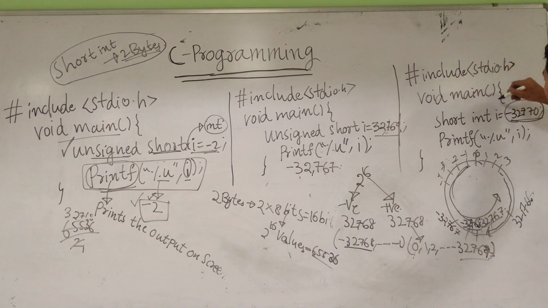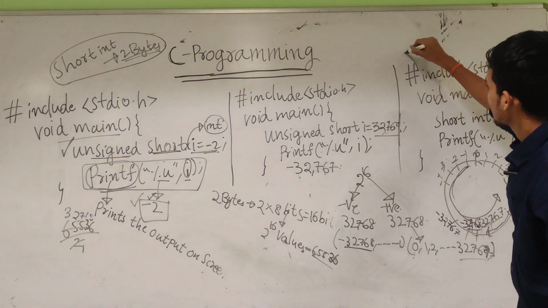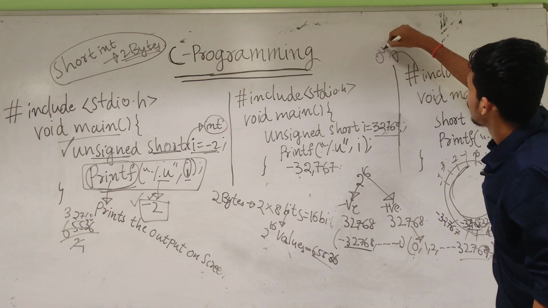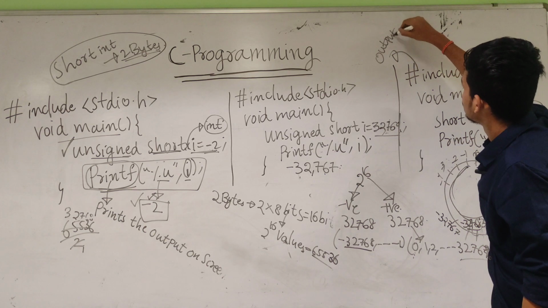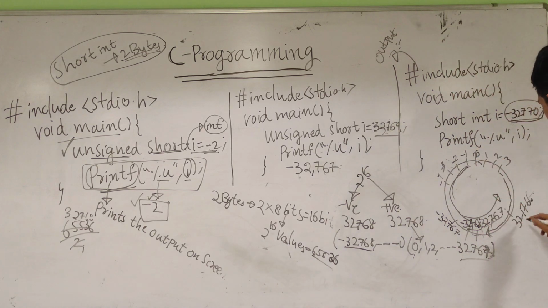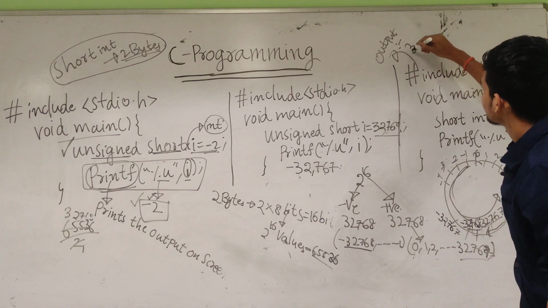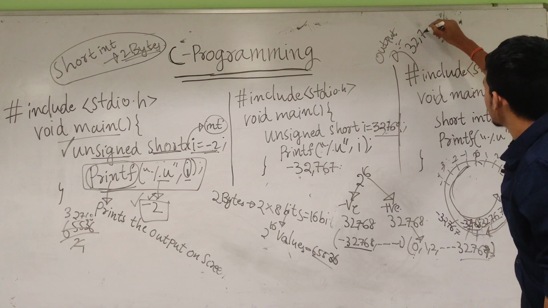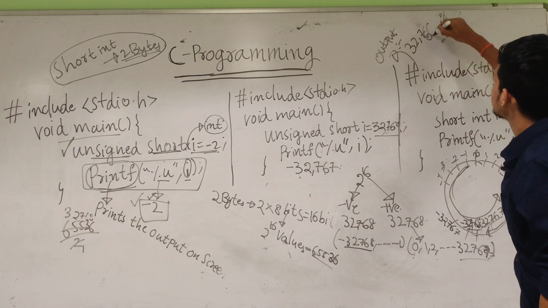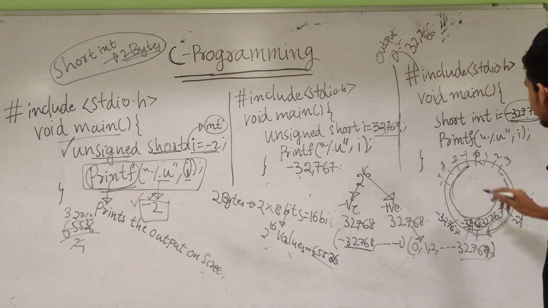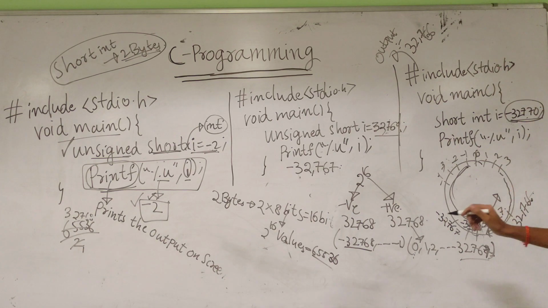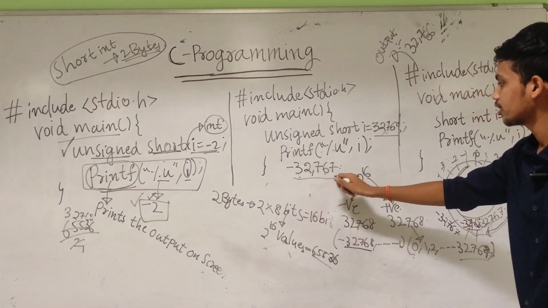So this output is 2 steps ahead. This is a negative value. 32,766 is the output of the third one. The second one you can understand, we got it.